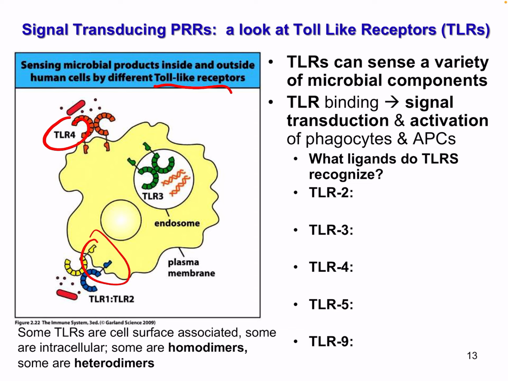Some TLRs are cell surface associated, while some are intracellular, some are homodimers, and some are heterodimers. TLRs can sense a variety of microbial components. TLR binding results in signal transduction and activation, which we'll go through later, of phagocytes and APCs. Each recognizes a different component of the bacterium or pathogen, and we'll discuss that later.